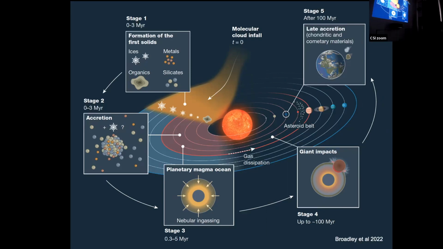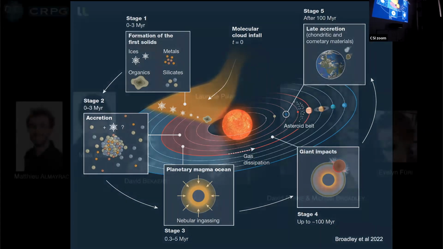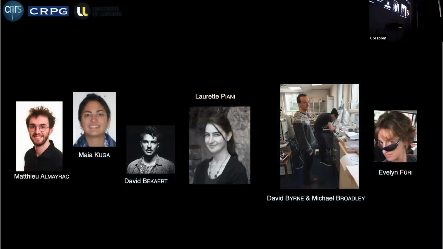And finally, there have been some more events that I didn't mention, a giant impact that formed the Earth-Moon system, and finally maybe late accretion of chondritic and cometary material. We believe that the cometary accretion probably took place at this stage, because it seems that it affected only the surface of the Earth.